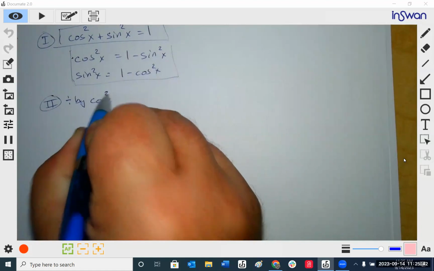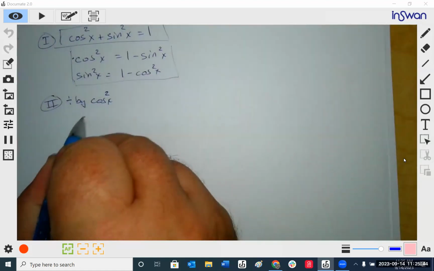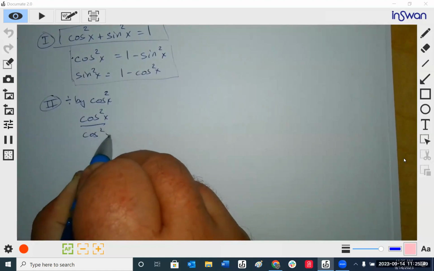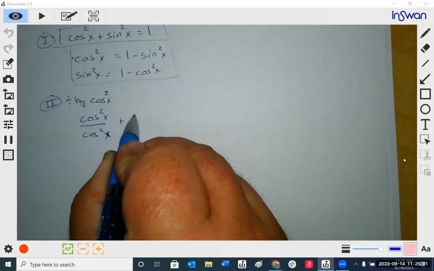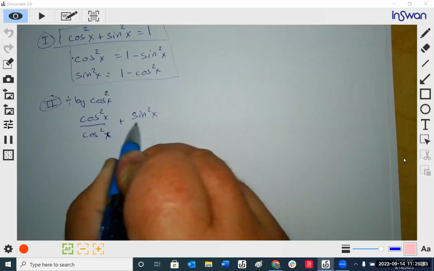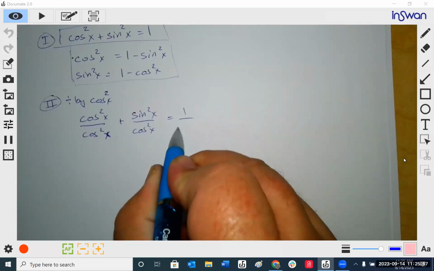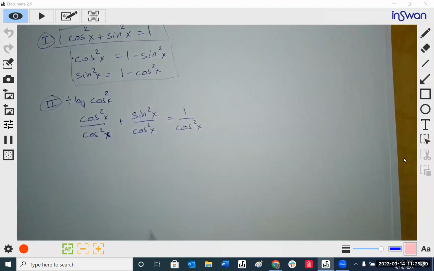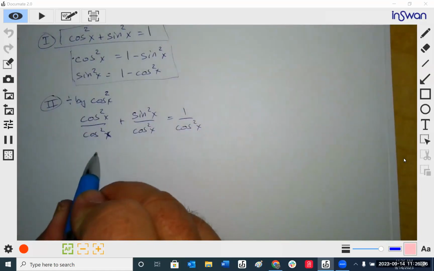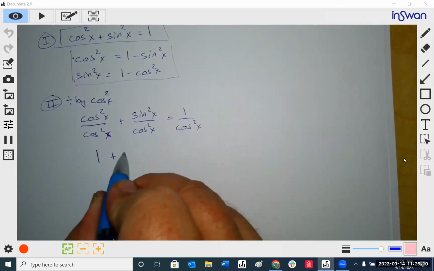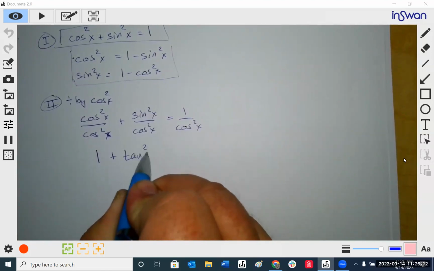Or cosine squared x. So we get cosine squared x divided by cosine squared x plus sine squared x over cosine squared x equals 1 over cosine squared x. Cosine over cosine is 1. Sine squared over cosine squared is tangent squared.